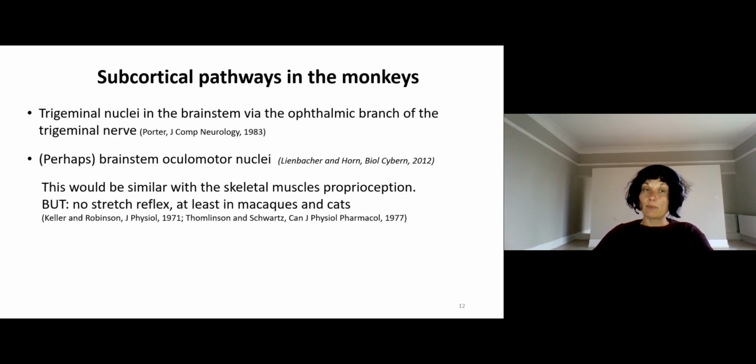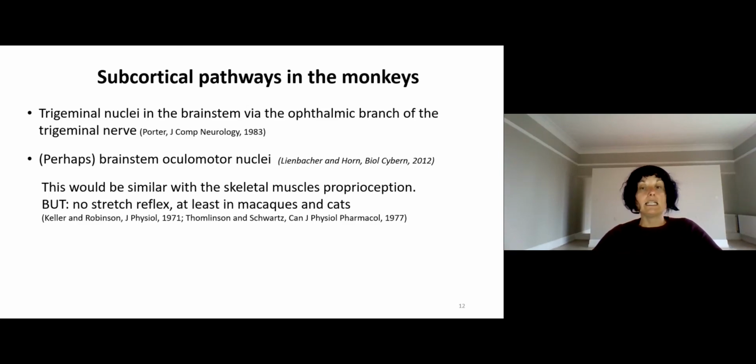An alternative proposal is that the proprioceptive input may also reach the brainstem oculomotor nuclei. This is an attractive proposal because it would show that the extraocular muscles are similar with the skeletal muscles.